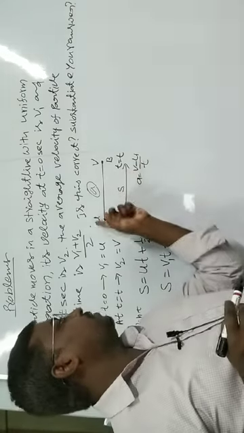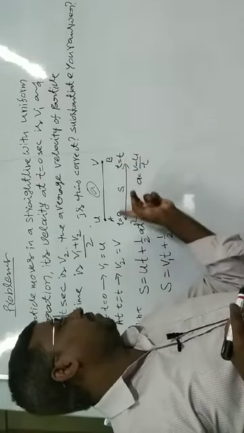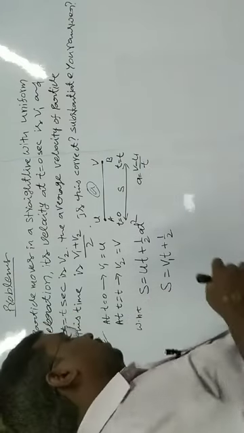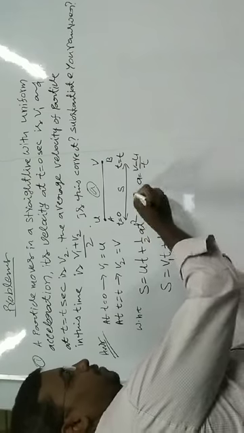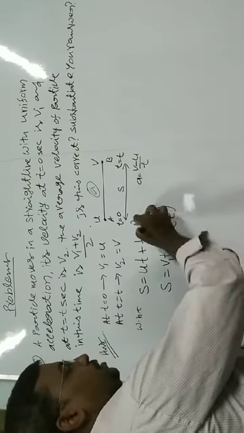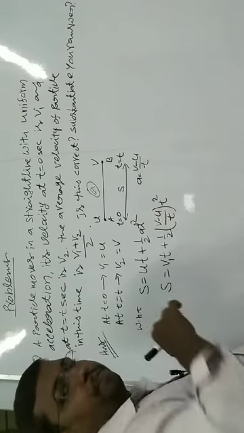So a is (v minus u) by total time, t minus 0 gives t. So for this a we write (v minus u) by t into t square.